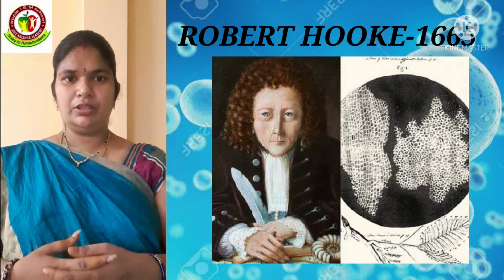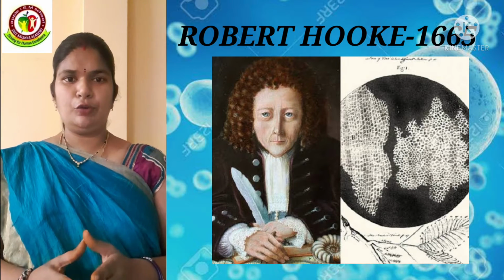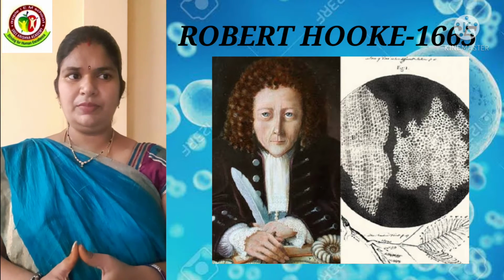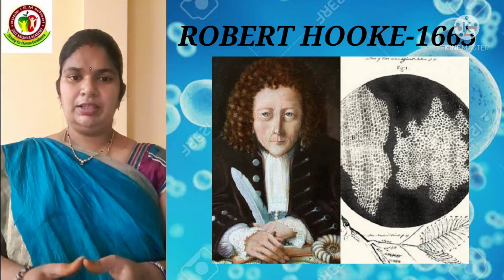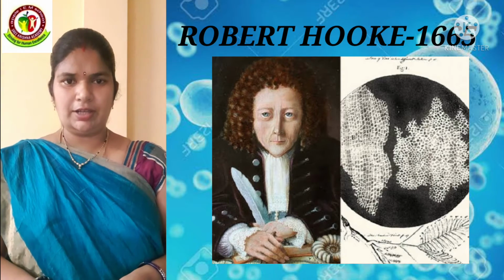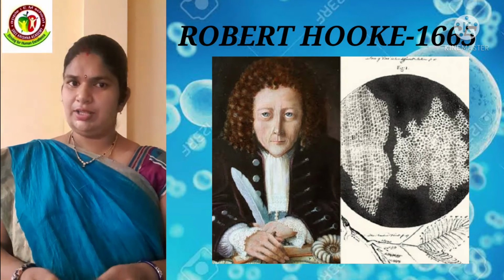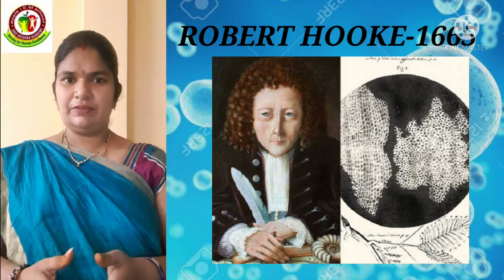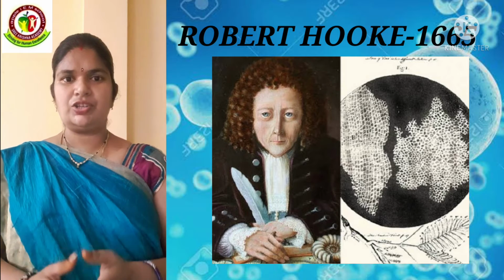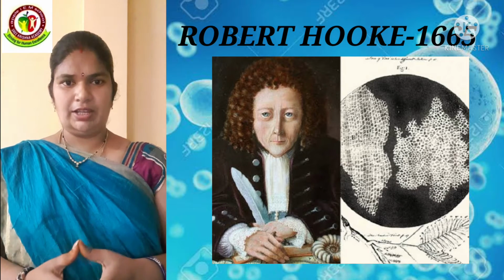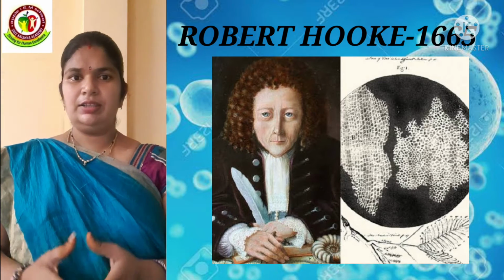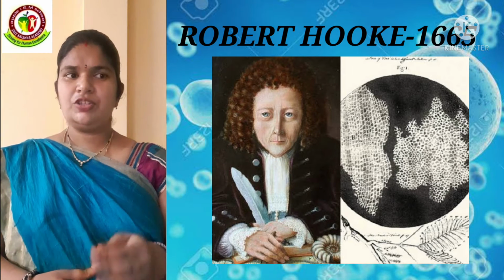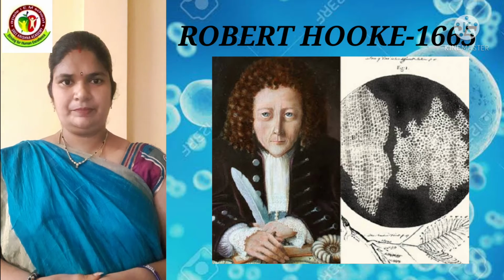He observed those as honeycomb structures, and he gave the name cellulae or cells. So this discovery laid the foundation of living organisms, saying that even living organisms are made up of small units.